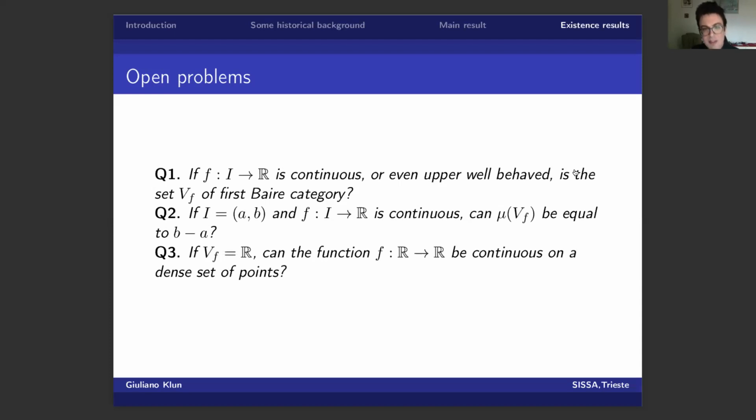The second question is: if I is an interval of finite measure and f is continuous, can V_f have measure equal to b minus a? Here the problem is very similar, because the construction by Denjoy requires that P is perfect, namely closed without isolated points.